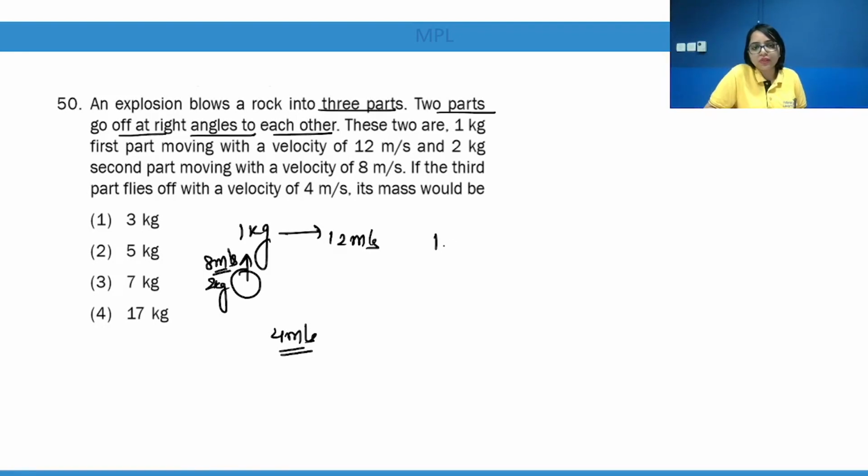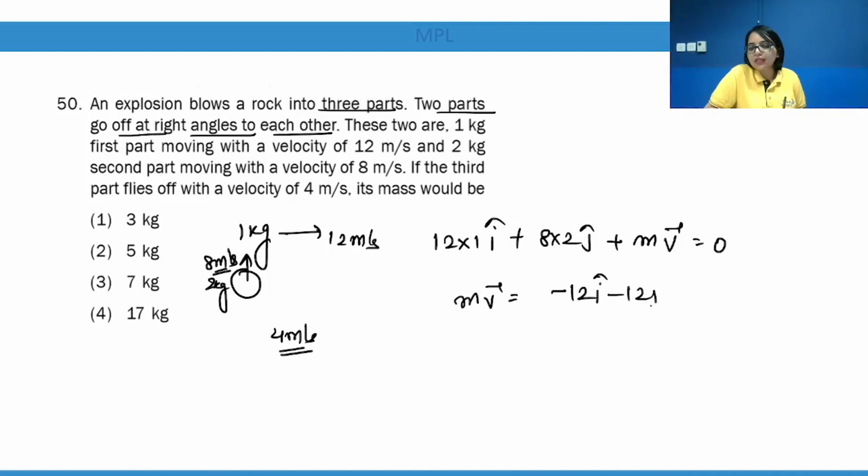So final momentum is 12 into 1 i cap plus 8 into 2 j cap plus m v vector, which is equals to 0. Let's say mass of the third part is m and its velocity vector is v. So basically mv vector is minus 12 i cap minus 16 j cap, right?